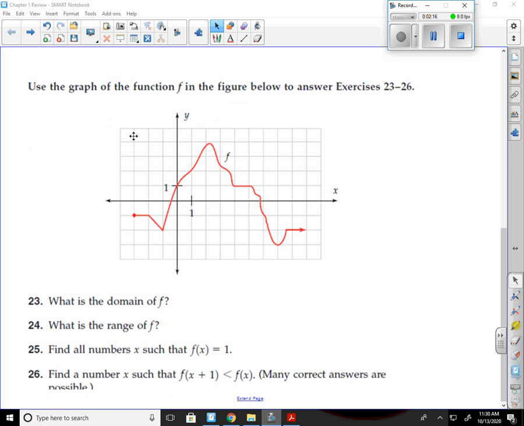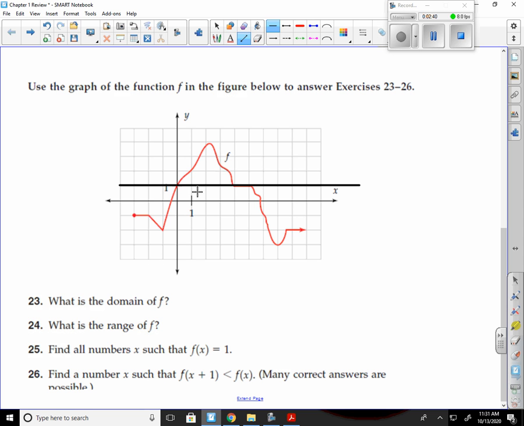Remember that your domain value when you're looking at the graph is all of the possible x's that occur on the red line. The range is all the possible y's. When it says find all numbers x such that f of x equals 1, then we're looking at when our y is 1, what are the x's?